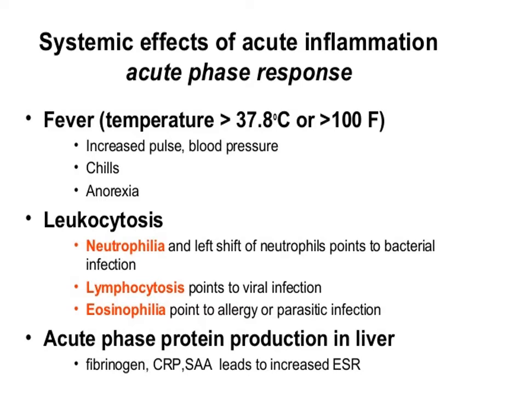Lymphocytosis. So the lymphocytes are elevated compared to what they usually are. So you have an elevated white blood cell count, and most of the elevation is from lymphocytes. That typically points to a viral infection.